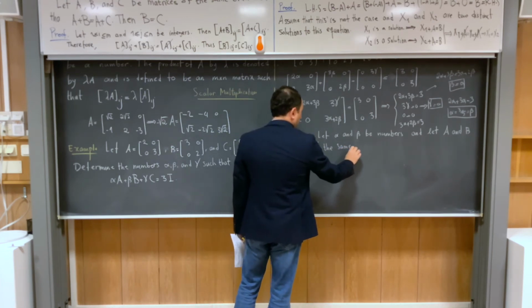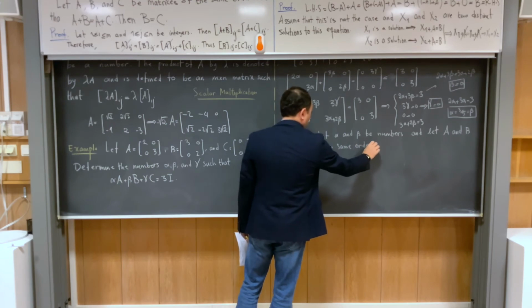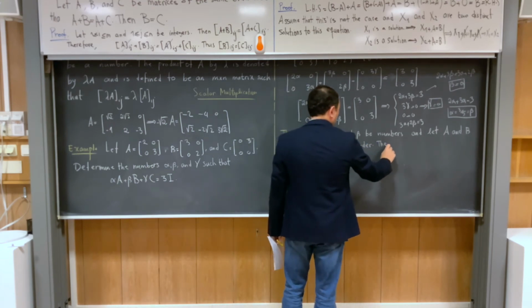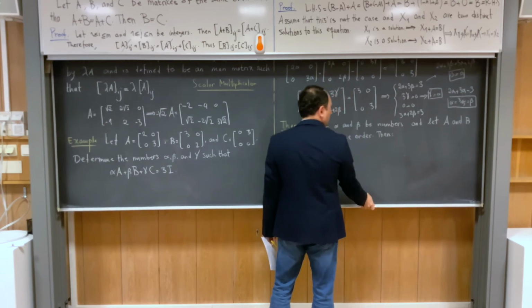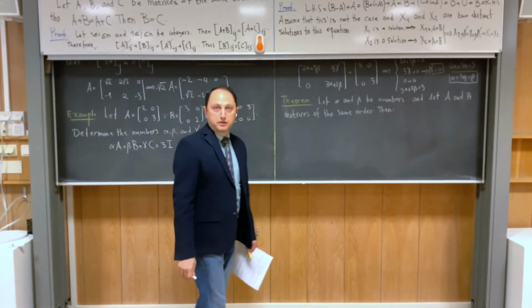Then there are some properties that I want to list here for the scalar multiplication.